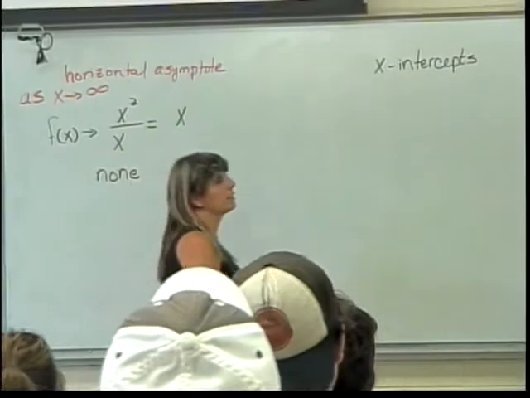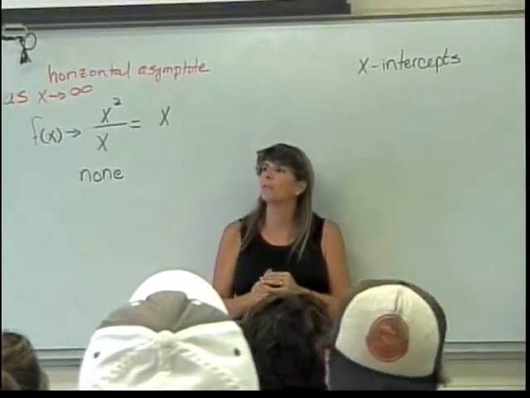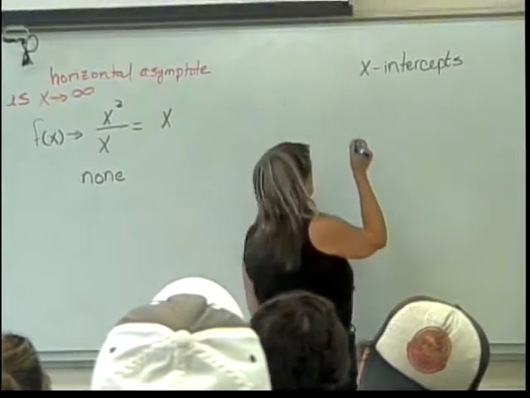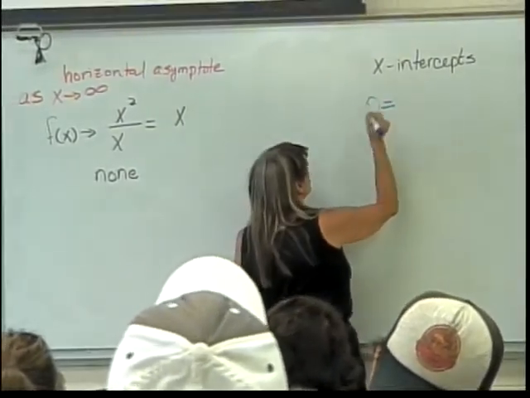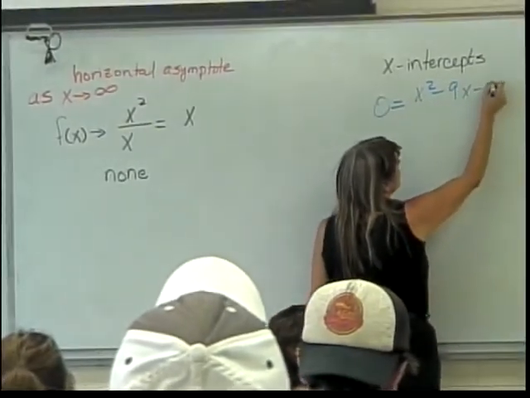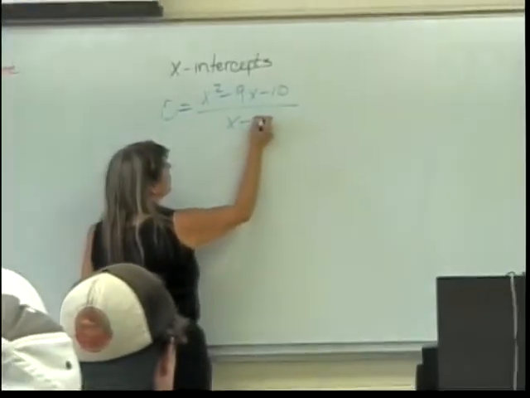Now, what about our x-intercepts? What did I do to find those? Set y equal to 0, so I have 0 equals x squared minus 9x minus 10 over x minus 10. And then what?